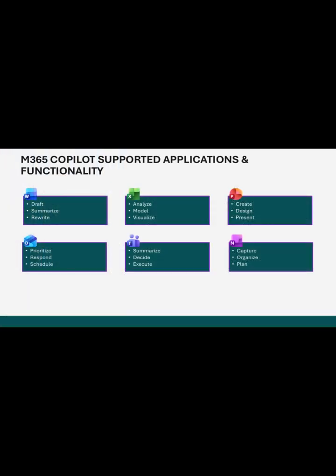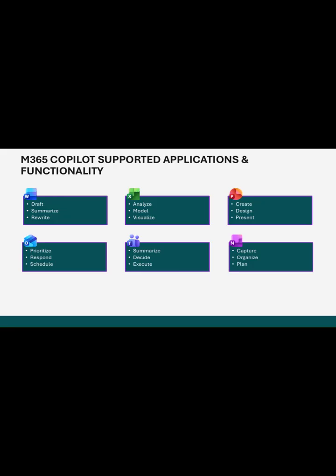Copilot works directly inside the Microsoft 365 apps you already use. It boosts productivity through automation, provides context-aware intelligence, and enhances creativity and communication. In Word, Copilot helps you draft, rewrite, and summarize content. In Excel, it analyzes data, builds models, and visualizes insights. In PowerPoint, Copilot creates slides, suggests designs, and helps you present your story.